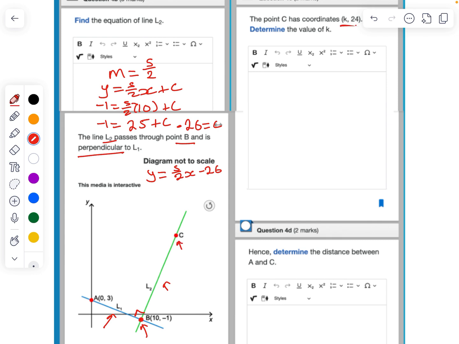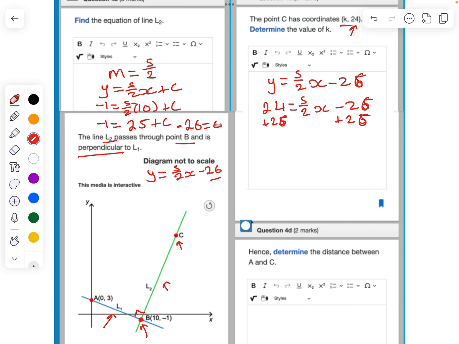Then if we move on, it says point C is on that line. And what it wants me to do is find out what k is. Well, because we definitely know what the equation is now, and we know what y is for this point, we can just substitute that in, and then solve for x. So add 26 to both sides. Why have I put 25? It's a mistake, it should be 26.